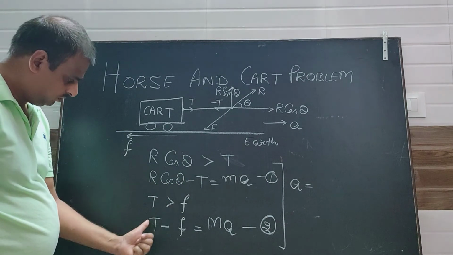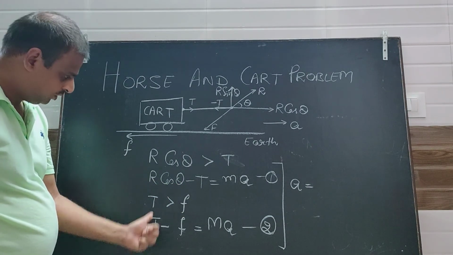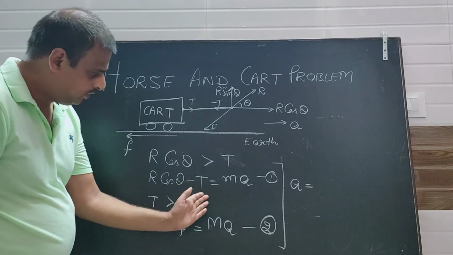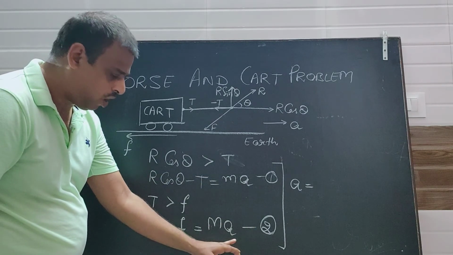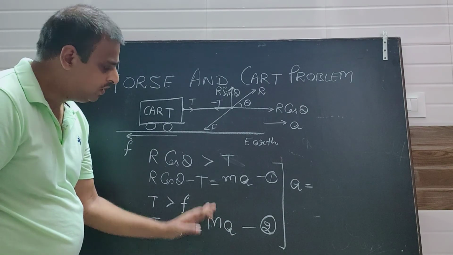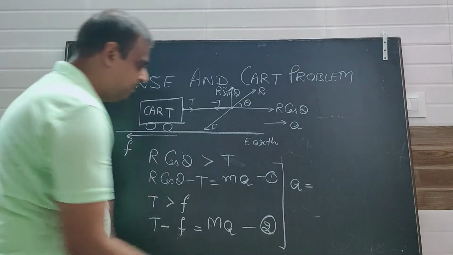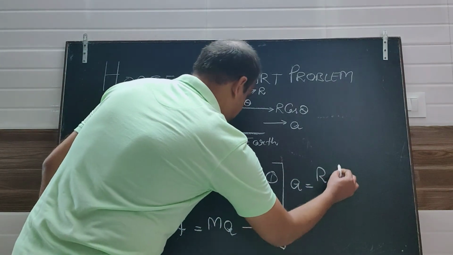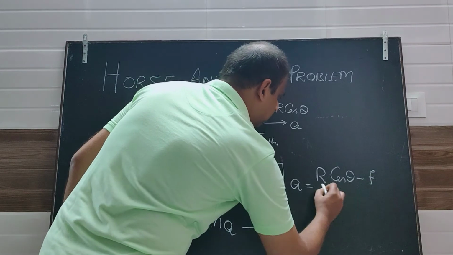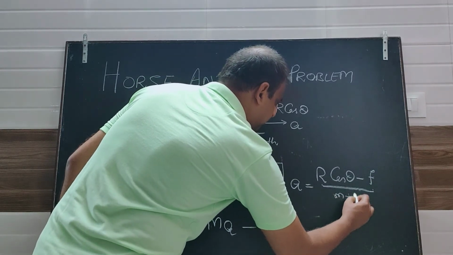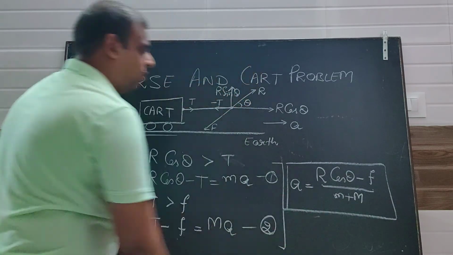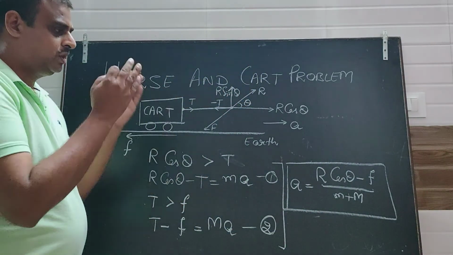This T will cancel with this T. So it is R cos theta minus F, and on the right hand side A will be common. Small m plus capital M in the bracket, cross multiply it. So I will get R cos theta minus F upon m plus M. So this is the acceleration of the horse cart system.